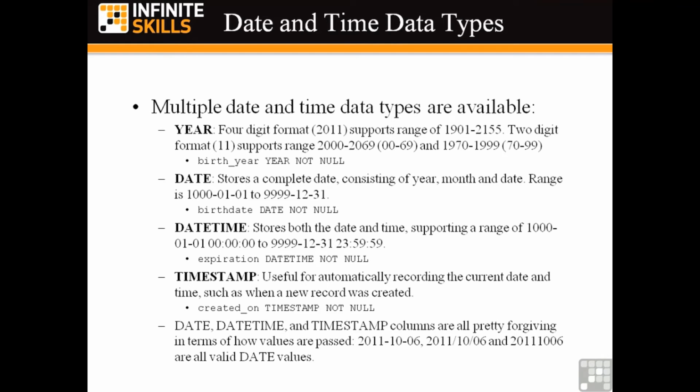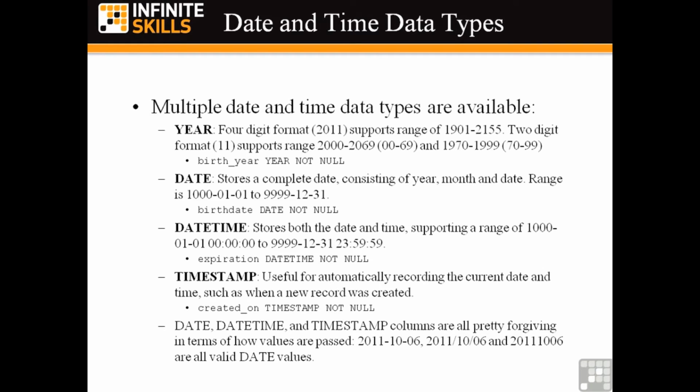The date, time, and timestamp columns are all pretty forgiving in terms of how values are passed to them. So as you can see, these three examples all demonstrate different formatting variations which can be used when passing in values to, for instance, date.